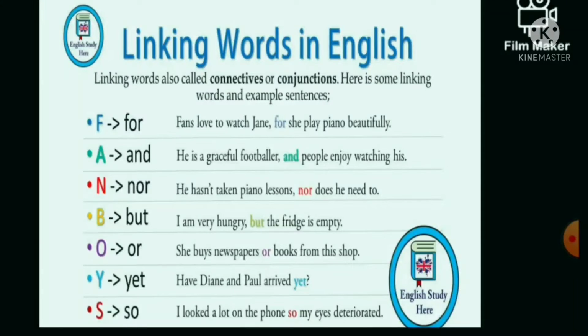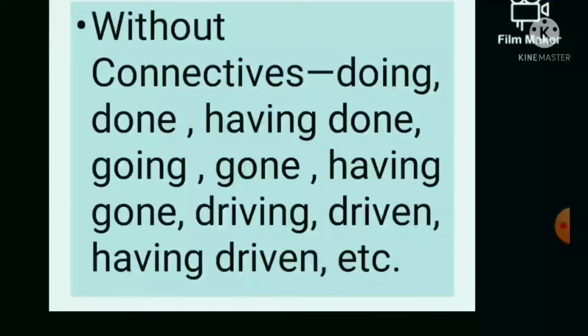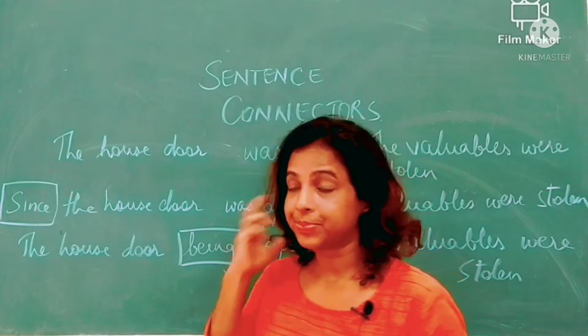Now your conjunctions, these are your main, remember FANBOYS: for, and, nor, but, or, yet, so. That's the way to remember your conjunctions. And relative pronouns, that is who, whom, whose, which, that, where, when, why, what. Now without connectives, you will be using words like doing, done, having done, going, gone, having gone, driven, driving, having driven, etc.